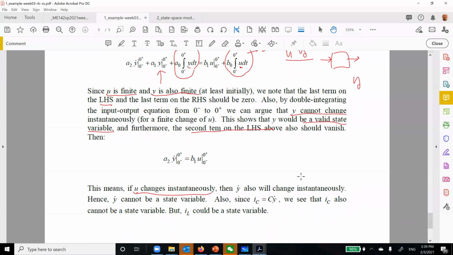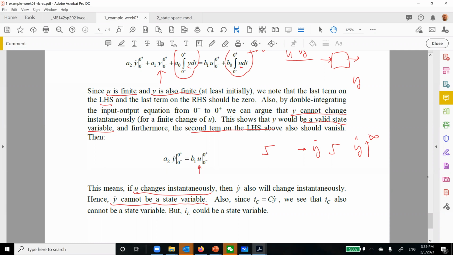Then that means your y double dot will blow up to infinity. So y dot will change instantaneously. Therefore, y dot cannot be a state variable. Do you see that?